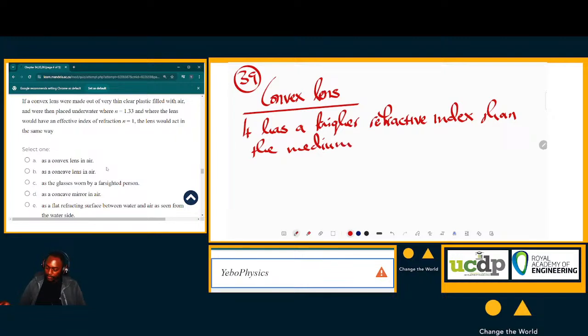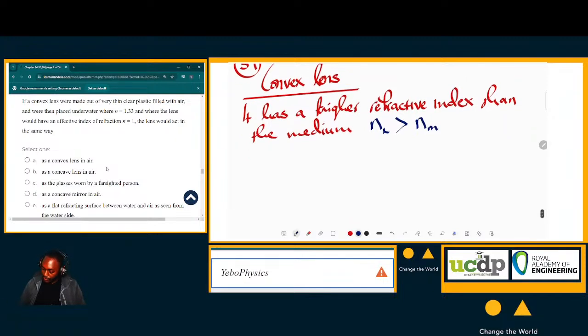Okay, higher refractive index than the medium. So the n of the lens is greater than the refractive index of the medium. To summarize that, n of the lens is greater than n of the medium.